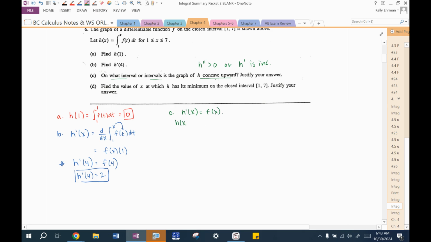So h of x is concave up. I know we abbreviate CCU, but write the words for the AP test. So h of x is concave up when h prime of x equals f of x is increasing. Okay, when does that happen?